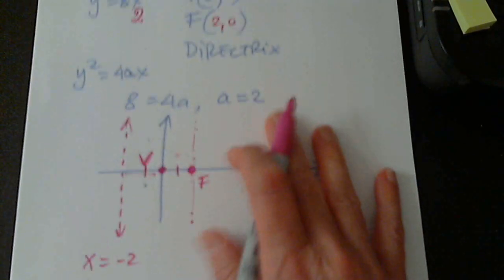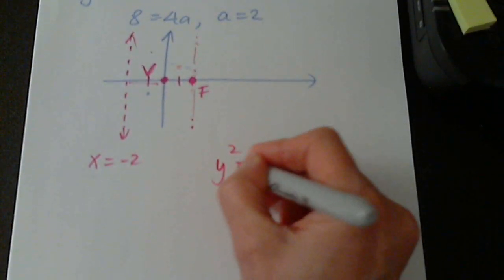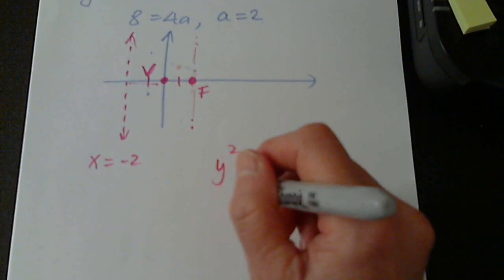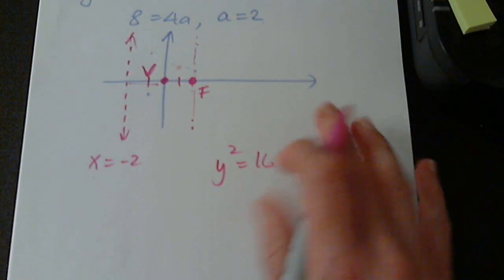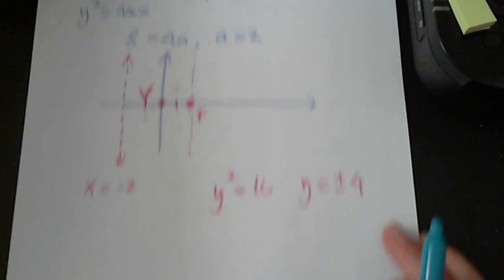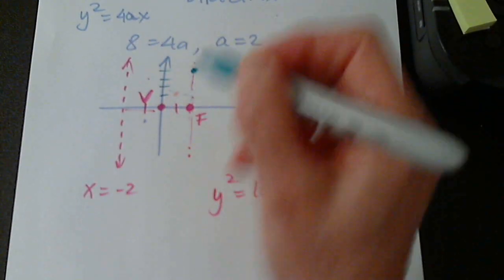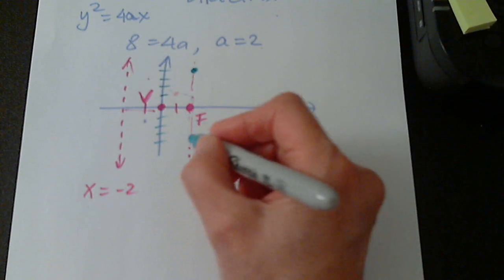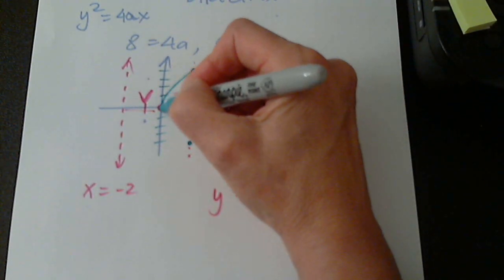No problem. It means that y squared equals 16. When I take the square root, I get y equals plus or minus 4. So I found 2 points of this parabola. When x is 2, y is 4. And when x is 2, y is negative 4. This is the correct graph of the parabola.